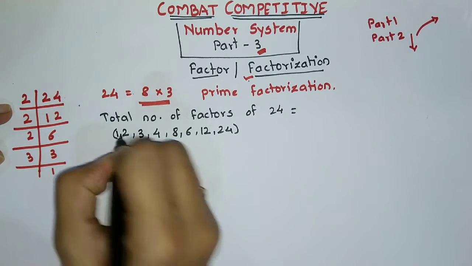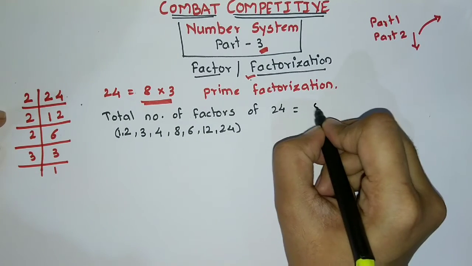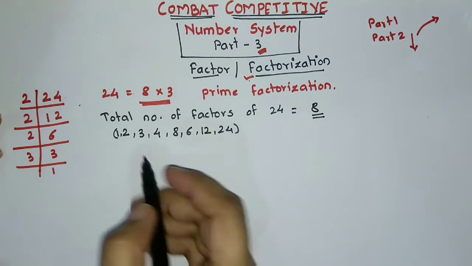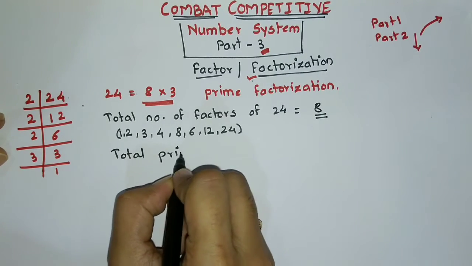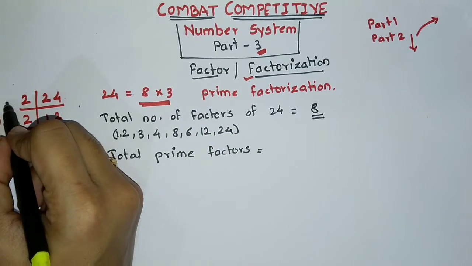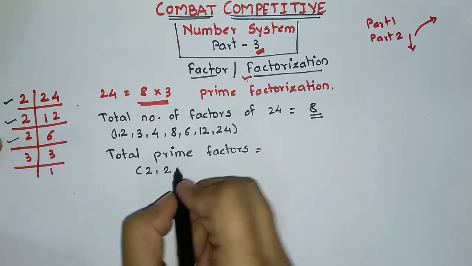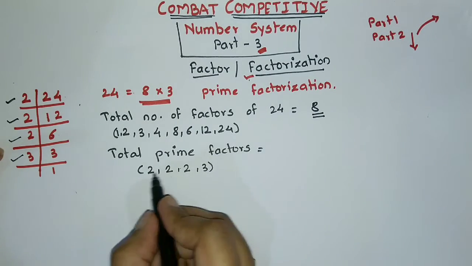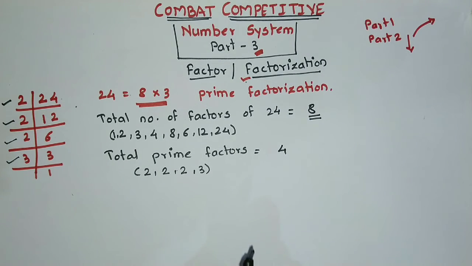And 1. 1 is a factor of every number. So, total there are 8 factors of 24. And the total prime factors are 2, 2, 2 and this 3. So 1, 2, 3, 4. There are 4 total prime factors of 24.